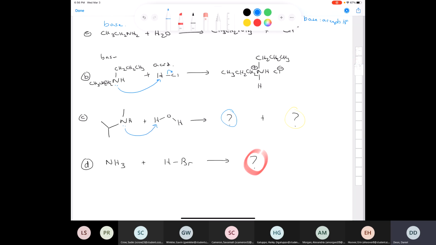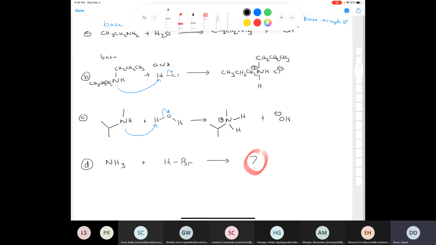Because a base is a proton acceptor. And we're going to use the water as an acid. It's going to donate the proton. So what we're going to be left over with is the amine, but with an extra hydrogen. And so it's going to have a positive charge. And then we'll also be left over with a hydroxide ion.